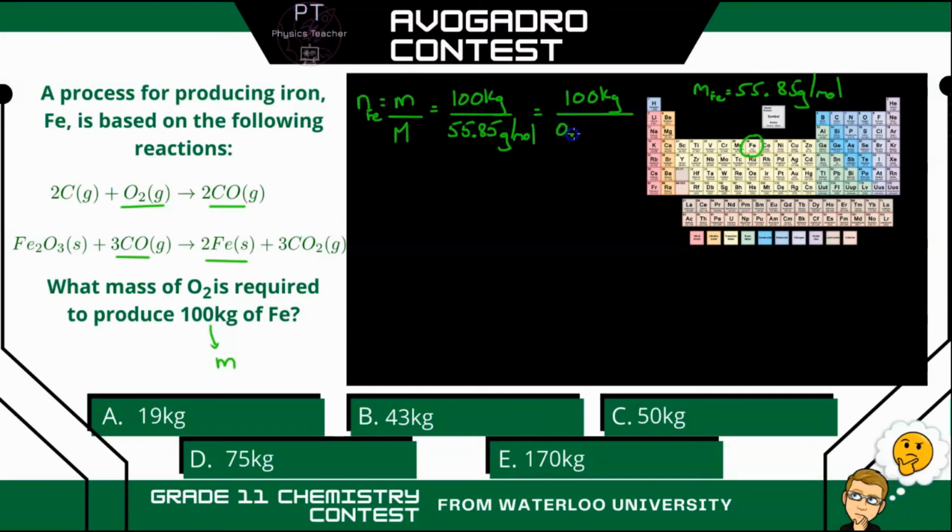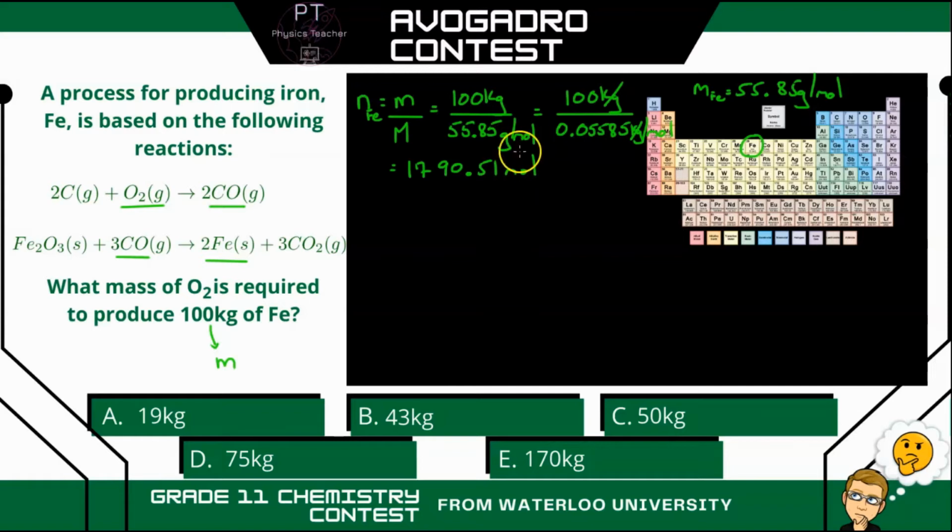So it'll be 0.05585 kilograms per mole. And so now you can see the kilograms cancel and we end up with 1,790.51 moles. I'm giving myself little extra significant digits because we are only partway through the question.